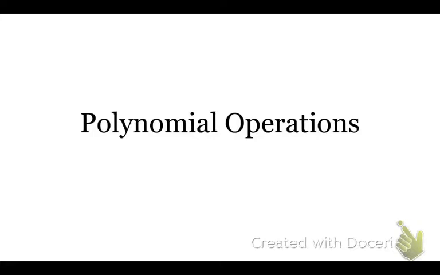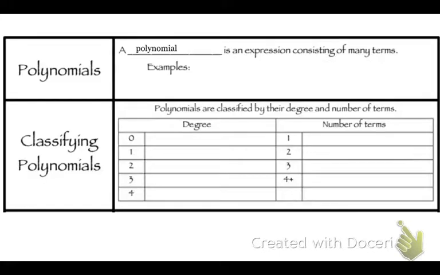Okay, polynomial operations. So a polynomial is an expression consisting of many terms. So that's like 3x plus 2, 5 is a polynomial, 6x squared minus 4x plus 3 is a polynomial. Okay, now if we look at these, so this 3x plus 2, x is my greatest power there.